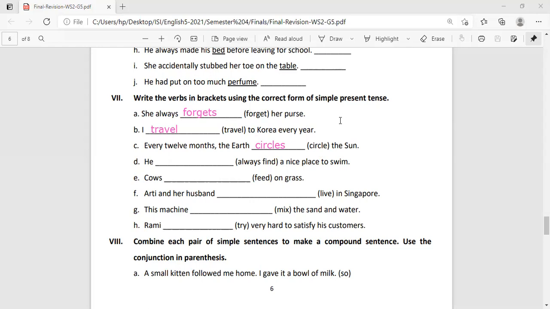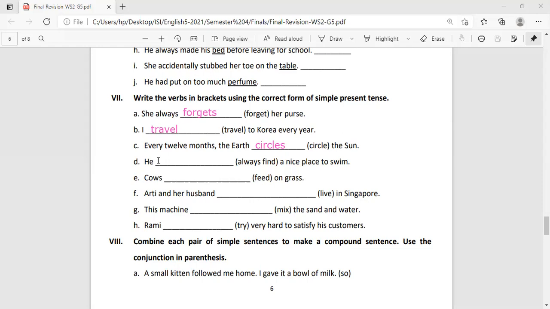He always find a nice place to swim. It will be the same? Why? Because always has S? No. The S is originally from always, and we do not care if the adverb of frequency has an S or not. I have to deal with the verb.